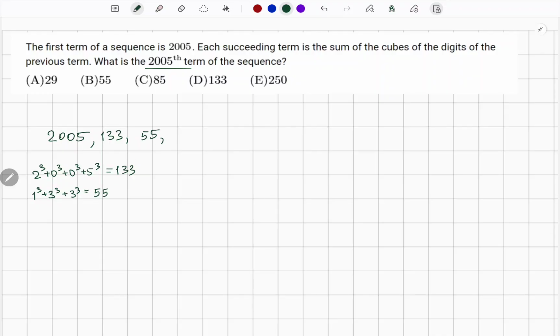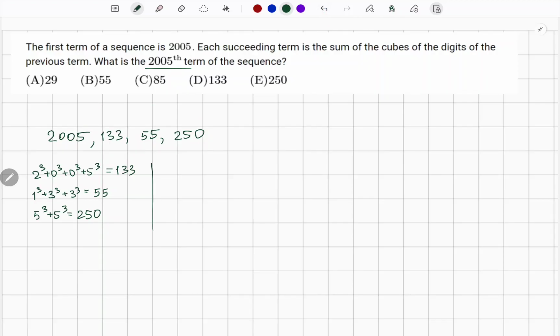The next term is 55. Okay, so my expectations are high because I'm waiting for a repetition. 5 cubed plus 5 cubed is 125 plus 125, which totals 250. Yeah, it's a different number, but look, it consists of the same digits as 2005.